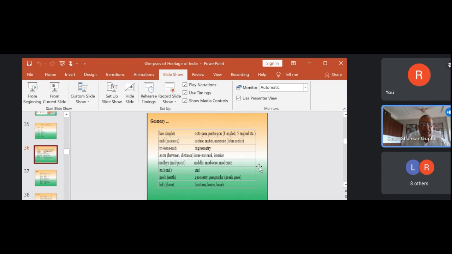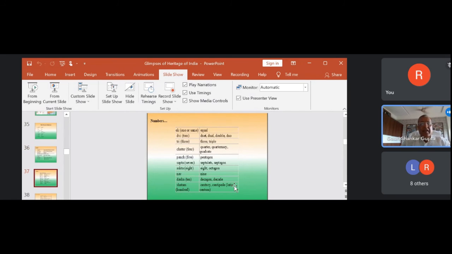And then that geos is used for other languages like geography and geometry, that instead of gu it becomes geos, and then it becomes geography and geometry. So this is how it changes. Then lok. In Sanskrit we say 3 lok hai, 4 lok hai. Same thing, lok is basically the place or the habitation. And we have location, locus, local. These are different words in European languages.